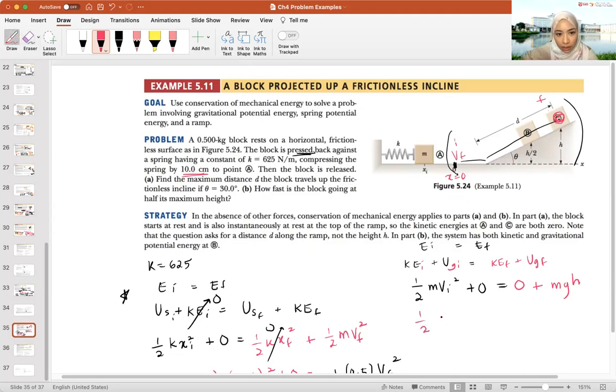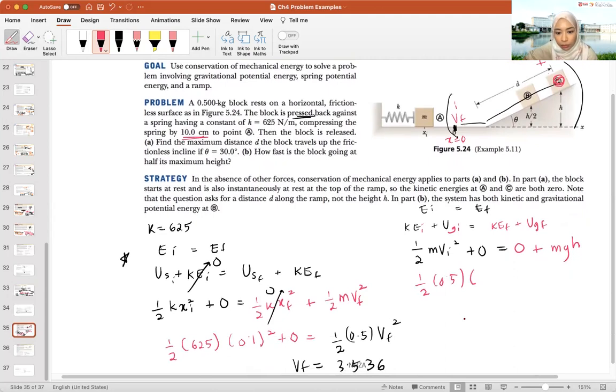So 1/2, M is 0.5. VI is, we got it just now, 3.536 squared, equals to 0.5 times 9.81 times H. So H would be, let's see if that is the answer.